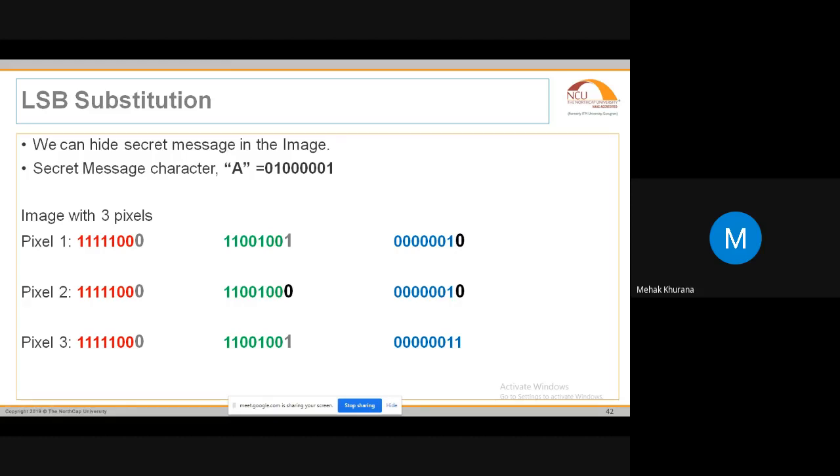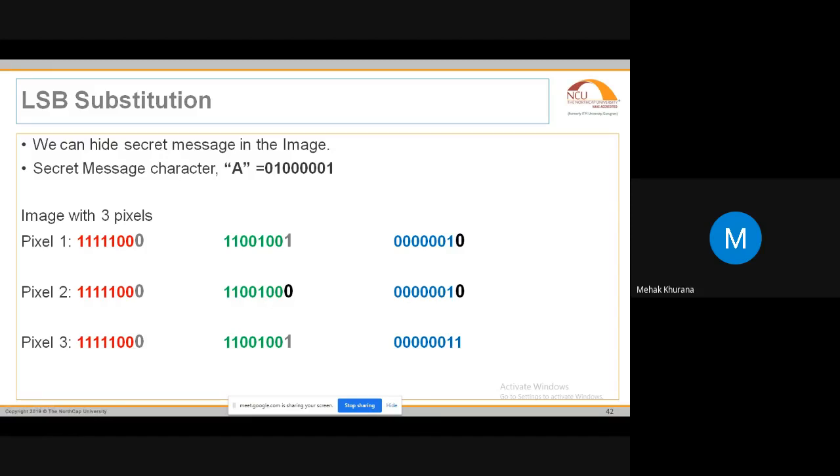If I can see, only 3 bits have been changed across the 3 pixels. In pixel 1 there is only a single bit change, in pixel 2 there are 2 bits changed, and in pixel 3 there is no change in that intensity. So if I'm adding text to a pixel, there is a very minute change.